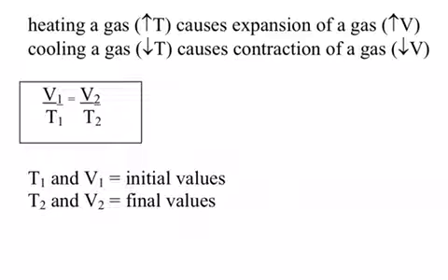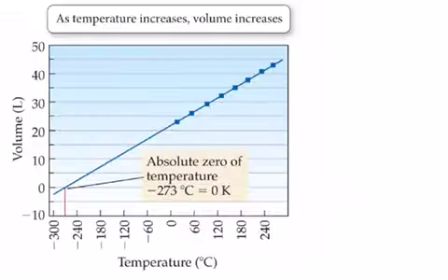Now notice the mathematical equation is V1 over T1 is equal to V2 over T2. In other words, the initial volume divided by the initial temperature is equal to the final volume divided by the final temperature. Now remember, the temperatures must be in Kelvin. So before you do any math, make sure they're in the Kelvin scale.